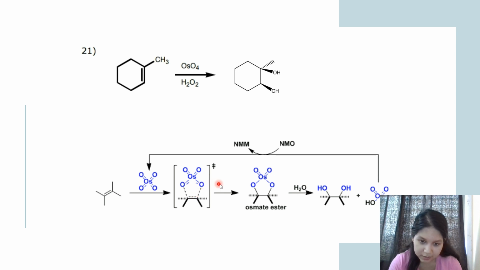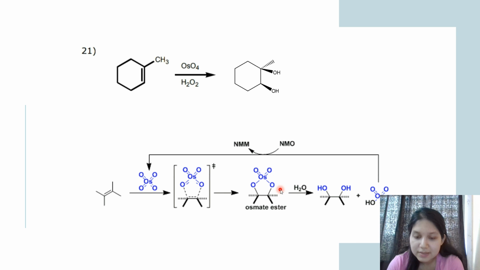And finally, it will lead to the formation of C-O bonds between the osmium oxygen atoms and the alkene carbon atoms. And this species is called osmate ester. So you get osmate ester in the first step of the reaction when you add osmium tetroxide to the alkene.